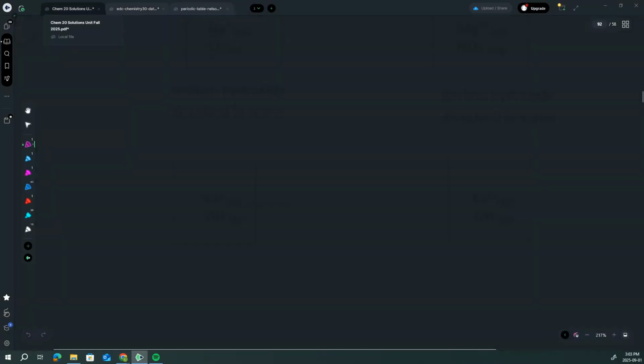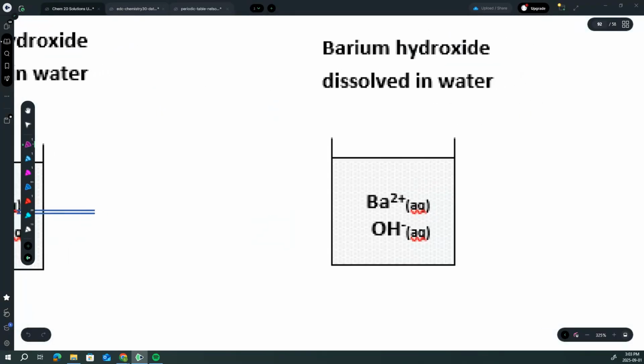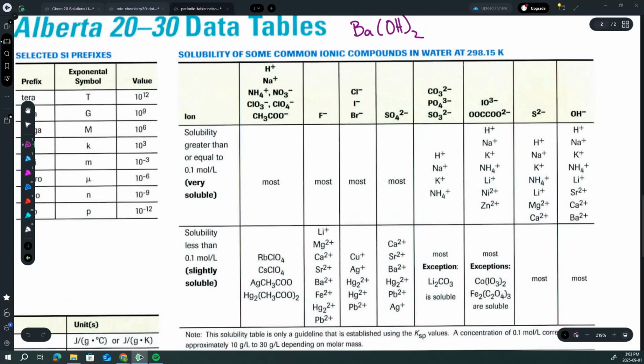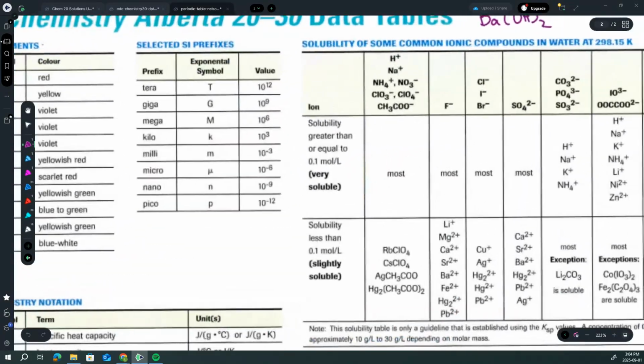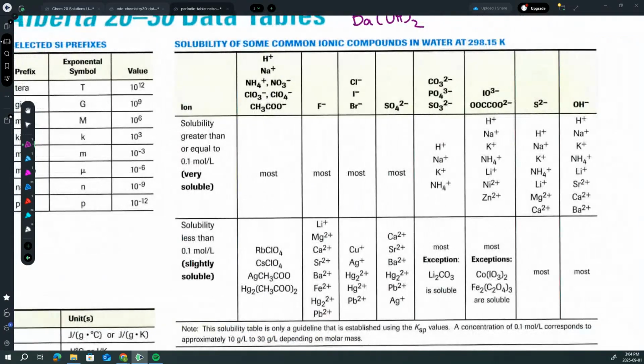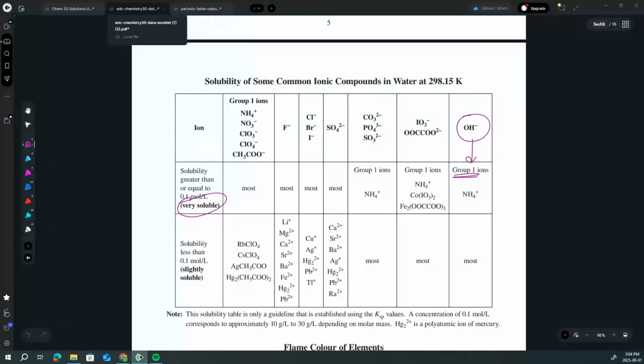Now, one of the differences between the Nelson periodic table solubility table, which is right here on the second page in the top right-hand corner, and this solubility table is if we look for barium hydroxide on the Chem 30 data booklet.